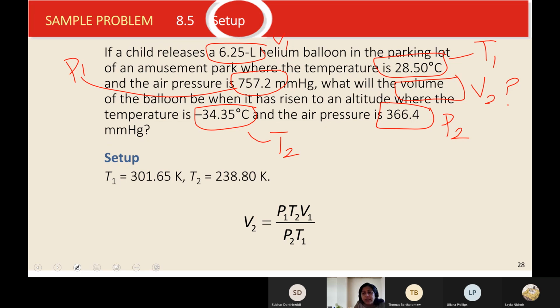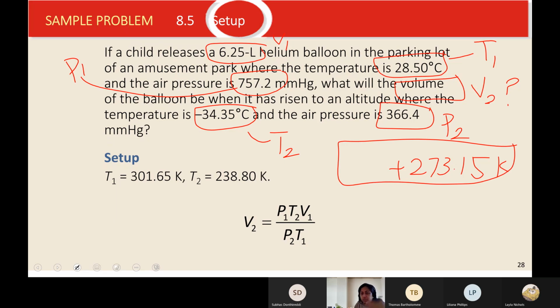So you need to add 273.15 to the degrees Celsius to change these numbers to Kelvin. I found the temperature T1 as 301.65 Kelvin and the temperature T2 as 238.80 Kelvin. So I have three parameters: pressure, volume and temperature, and I'll be able to use the combined gas law equation.